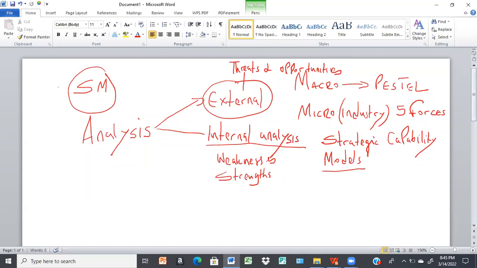In terms of the models, you've got the value chain and the product life cycle. These are the models, to understand where we are as an organization.